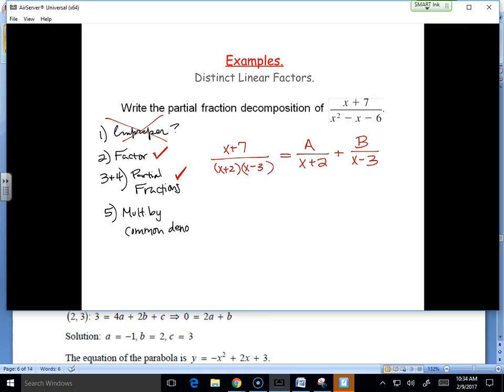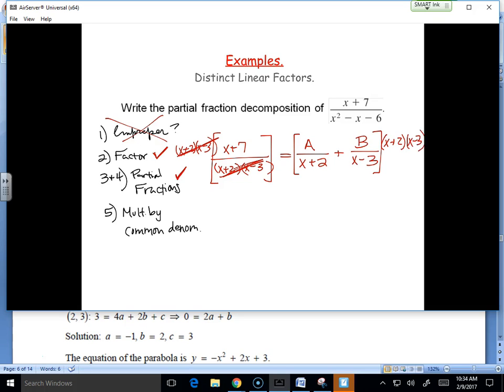Wait, who's the common denominator? X plus 2, x minus 3. Don't we have x plus 2 and x minus 3 as our common denominator? And don't you notice it's the same guy that's on the left? What we do to one side, we gotta do to the other. So basically we're moving that denominator to the other side, and everybody's gonna cancel out.